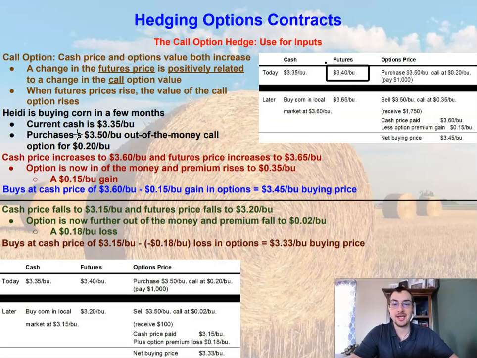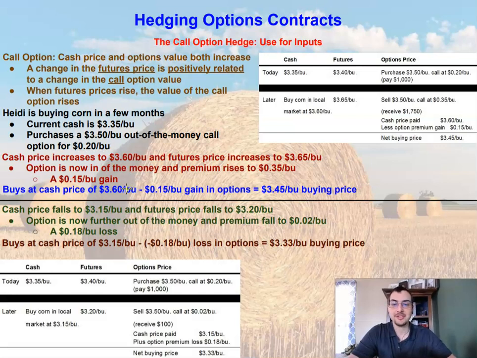So if she exercised that options contract, she would buy at a strike price of $3.50 and only be able to sell it for $3.40. So she is currently out of the money. And she purchases this out of the money call option for a premium of 20 cents.